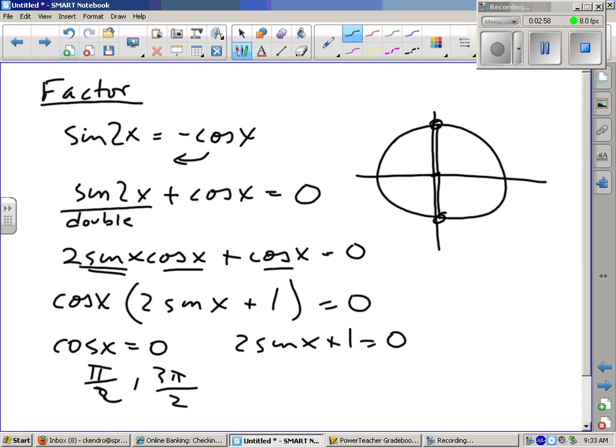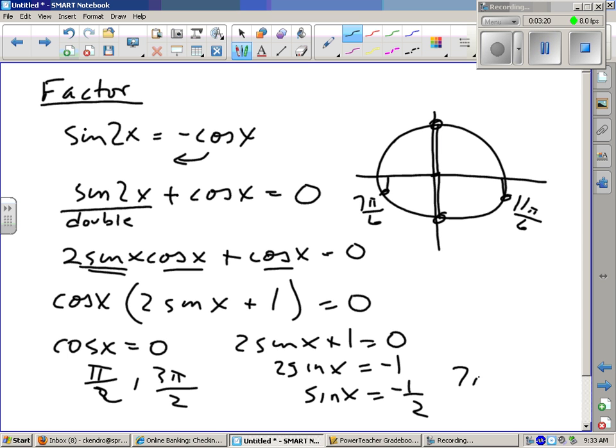Now we go over here and solve this. So I have 2 sine x equals negative 1. Divide by 2, sine x equals negative 1/2. Now that's another one on our circle that we know. Negative 1/2 for the y value for sine would be here. So 7 pi over 6 and 11 pi over 6.